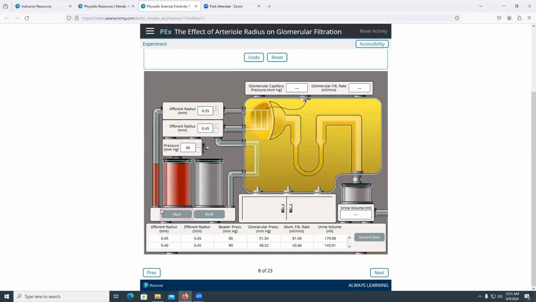Now let's start. So now everything is being filtered through an afferent radius that is no longer 0.45 or 0.40, but rather 0.35. Let's find out how much urine is going to be formed. Obviously, it's going to be less because we see a trend. The more we decrease the afferent radius, the more glomerular pressure drop we're going to have.